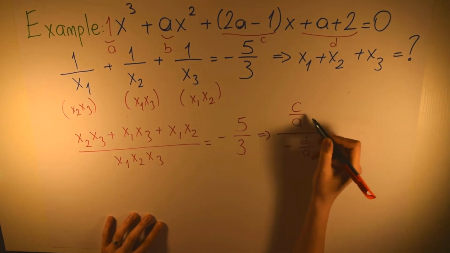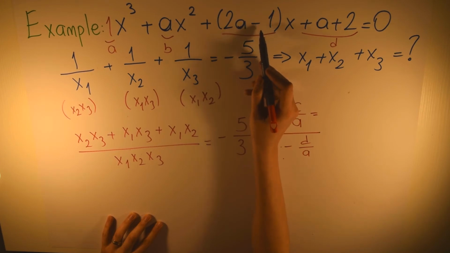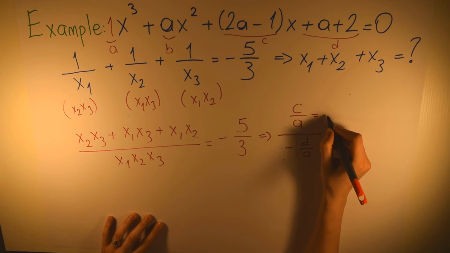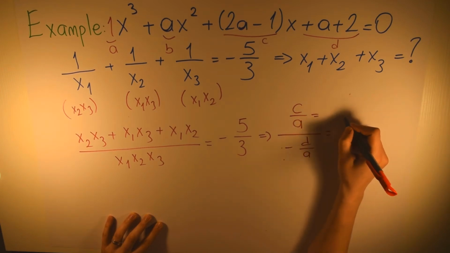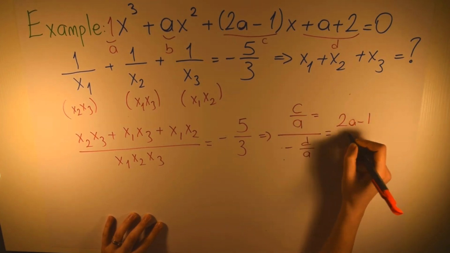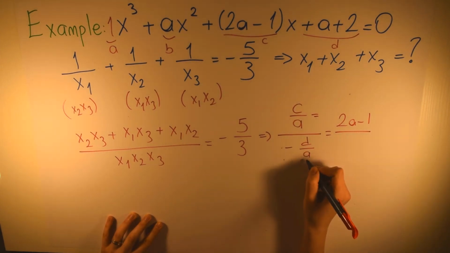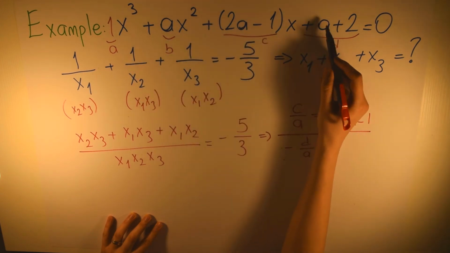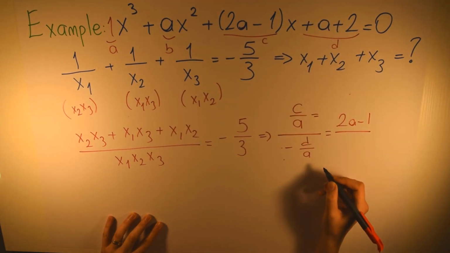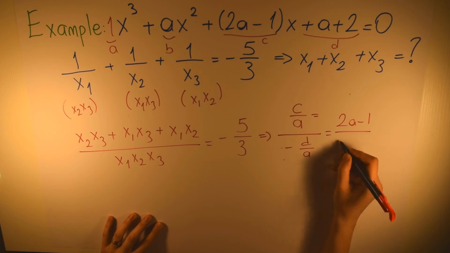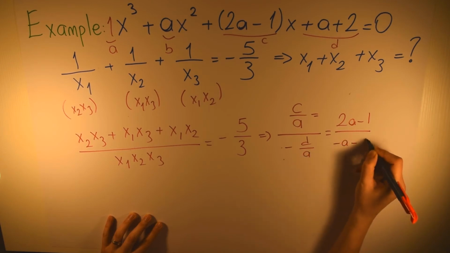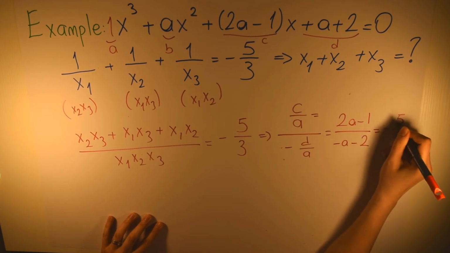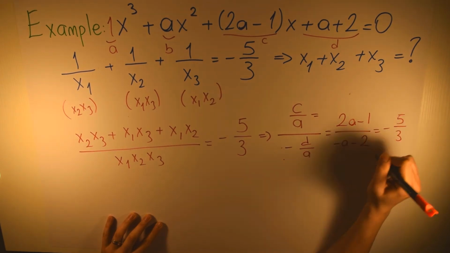So c over a is c, since a is 1, so it is 2a minus 1, divided by minus d over a, which is just the minus of this, so minus a minus 2, and this is equal to minus 5 over 3.